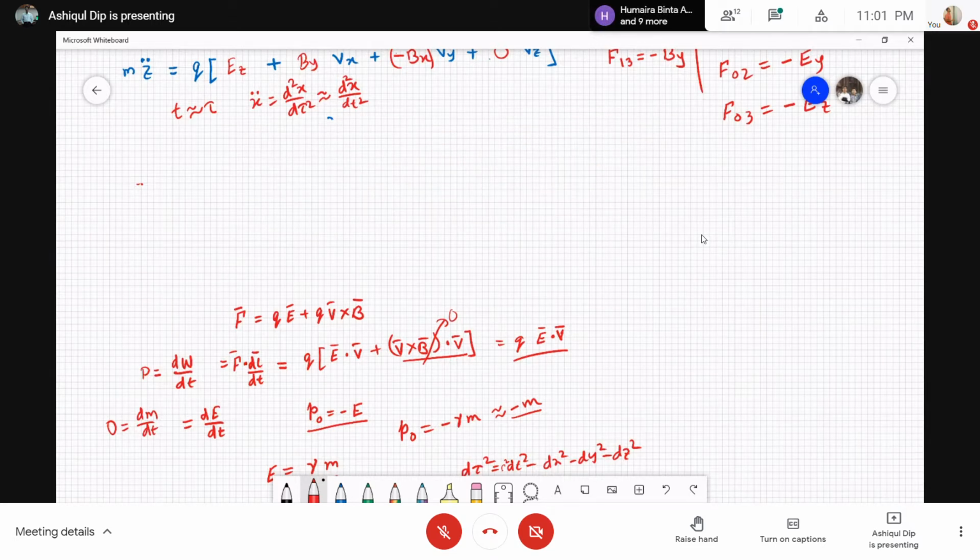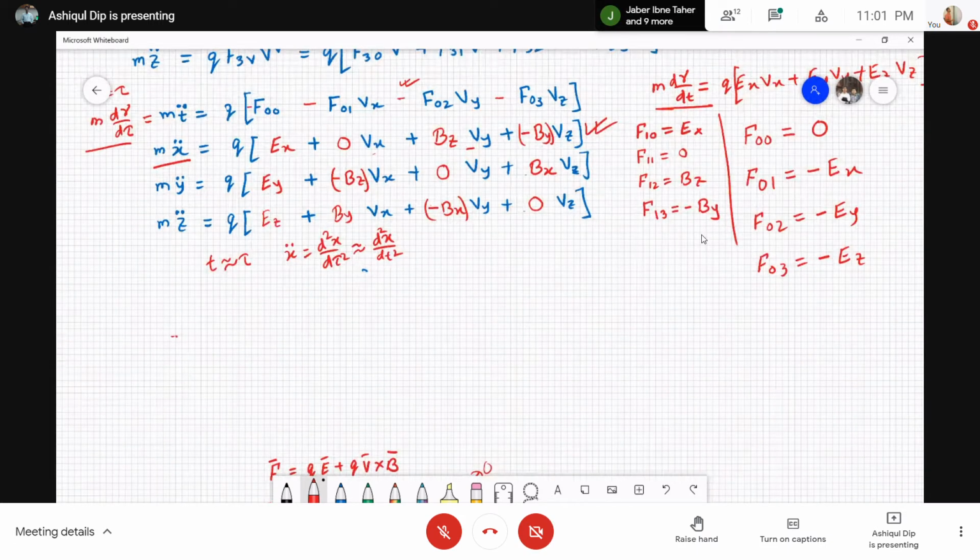Why did you take the negative sign on the components? I have my negative sign over there. Left hand side and right hand side are approximately equal.